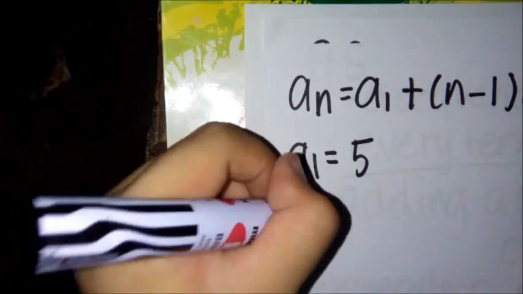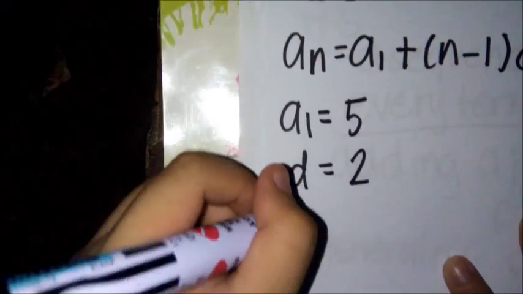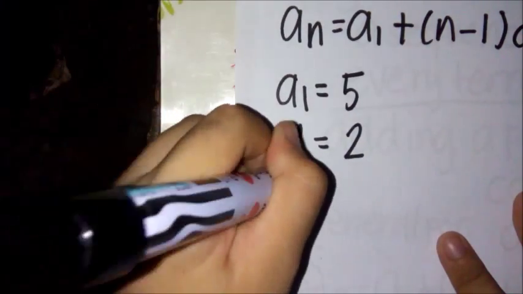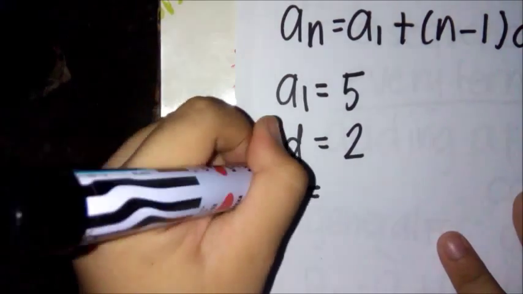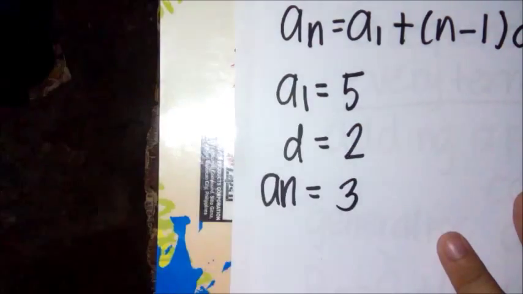Your common difference is 2. And you must find the a sub n, which is the third term.